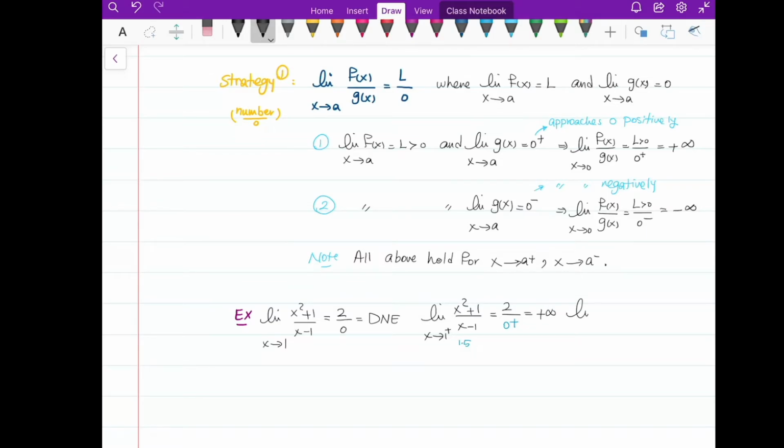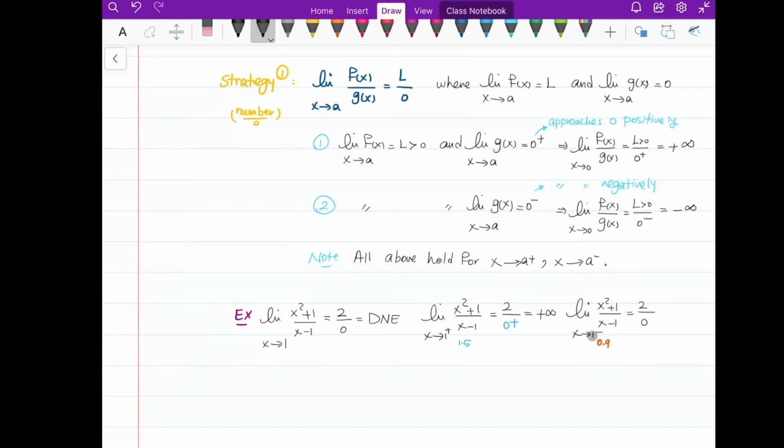Okay. What is the limit of x squared plus 1 over x minus 1 as x goes to 1 from the left hand side? This means that we are getting closer to 1 from numbers that are less than 1. So for example, 0.9. Okay, so I get a 2 in the numerator, and on the denominator just plug in 1, so I get 0.